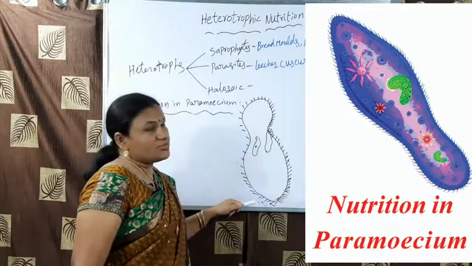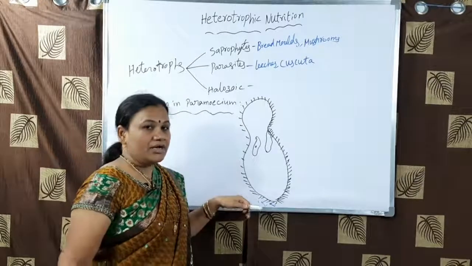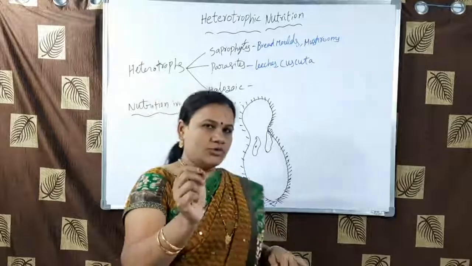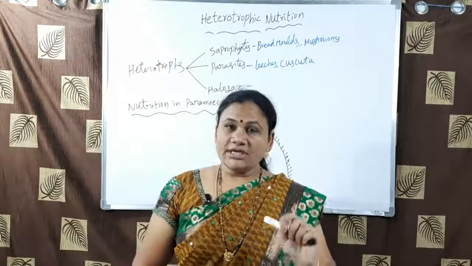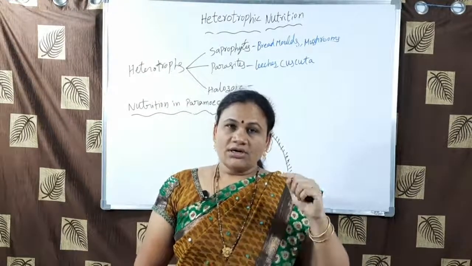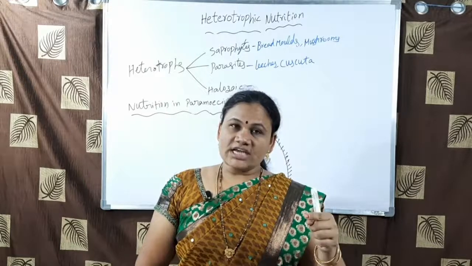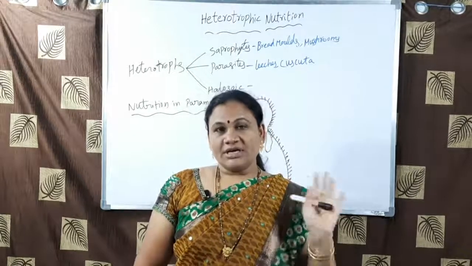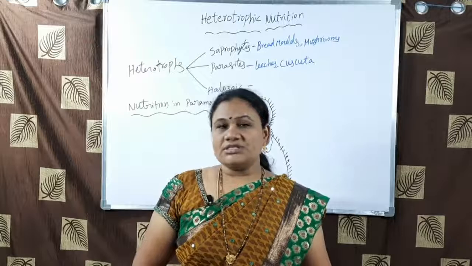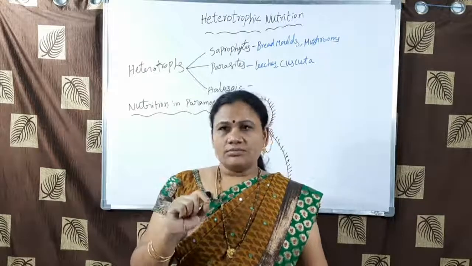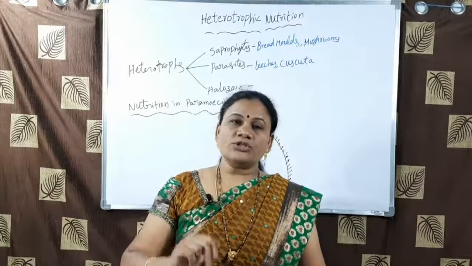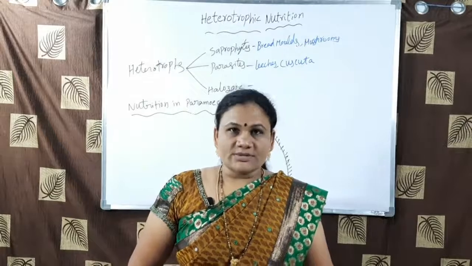So this is also a simple form of nutrition, but compared to amoeba, of course, a little bit more developed. See, in amoeba, the food is digested inside the cytoplasm. But here, in the cytosome, there are a little bit more specific parts, even though both are single cellular organisms.